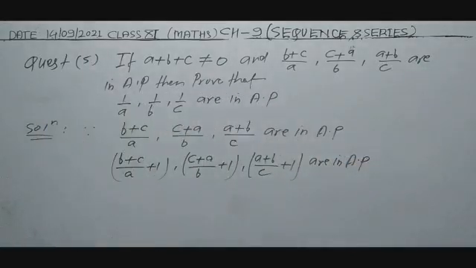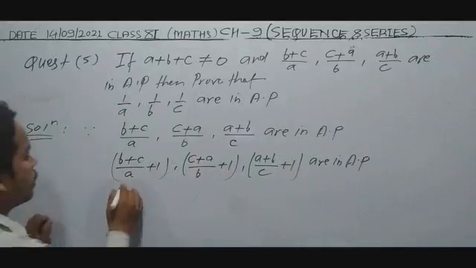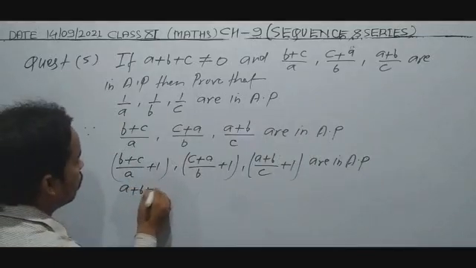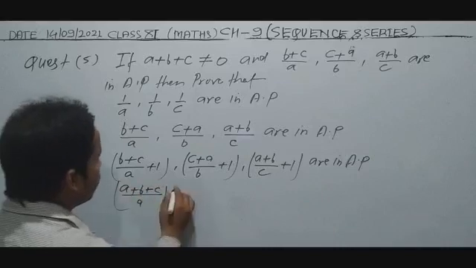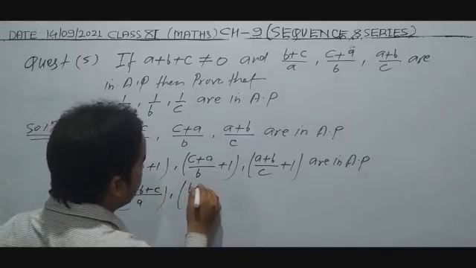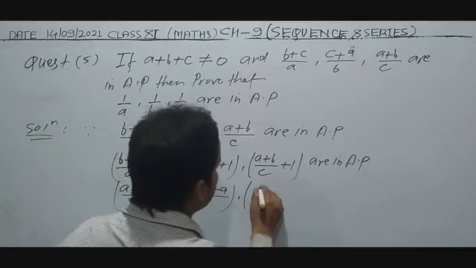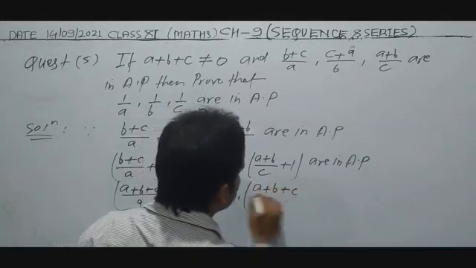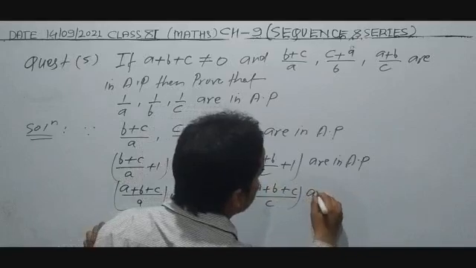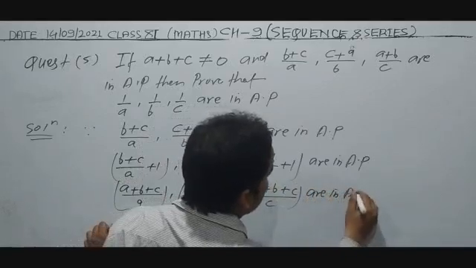Now you can take LCM, then the result will be a plus b plus c upon a, b plus c plus a upon b, a plus b plus c upon c are in AP.